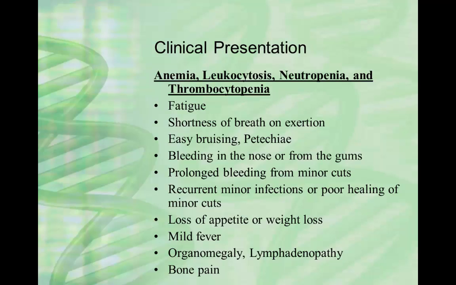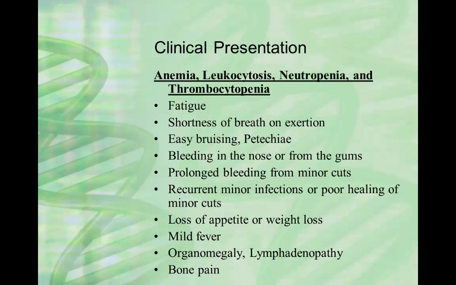So if you do a genetic study, the presence of a leukemic cell karyotype, for example cytogenetic findings of t(8;21) or t(15;17), those are favorable prognostic factors. Patients with a normal karyotype have an intermediate prognosis, and patients with a poor prognosis are those with deletions in chromosome 5, 7, trisomy 8, etc.